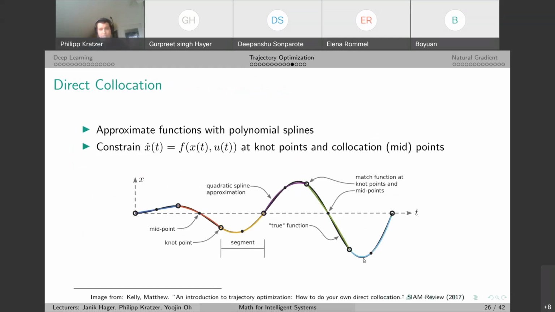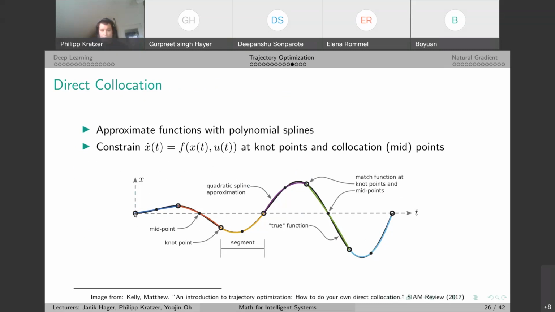Then there are other methods like direct collocation. For direct collocation, one does not discretize with a small time step, and instead one wants to approximate the function with polynomial splines. This has the advantage that you can evaluate your function everywhere.